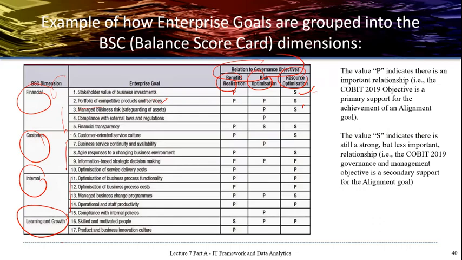So stakeholder value and business investment, benefit realization is very important, but resource optimization is not as important. So that's why we put S and P.